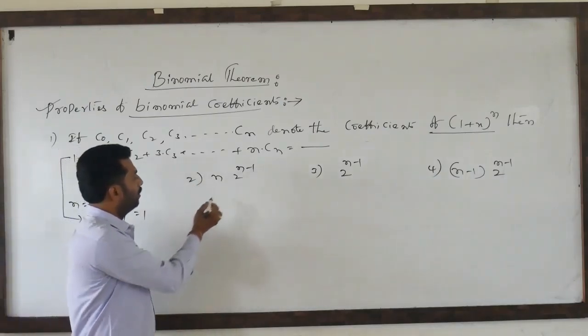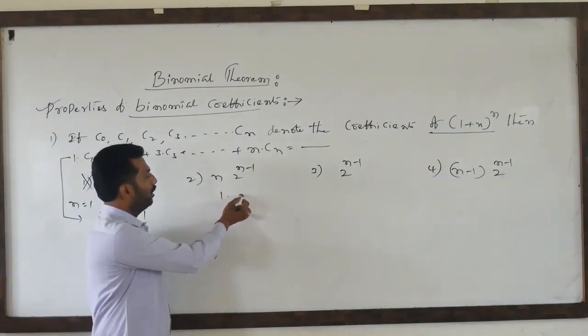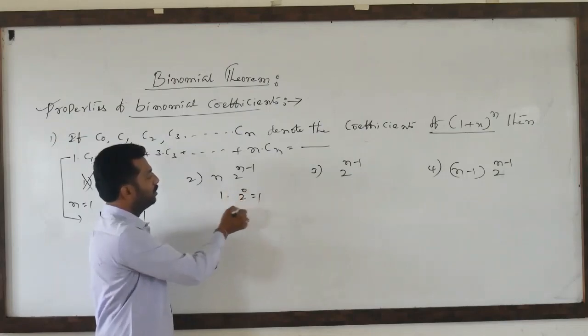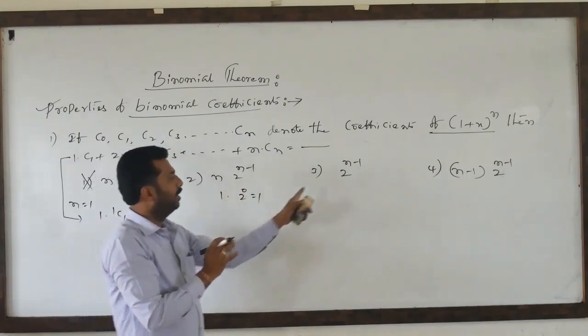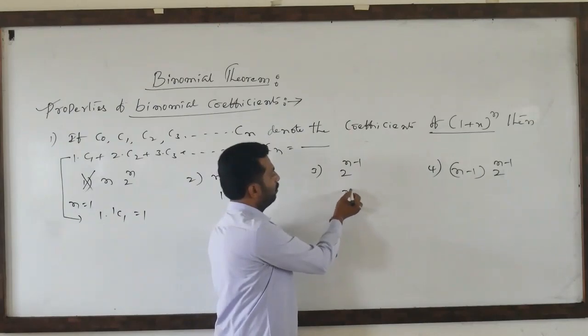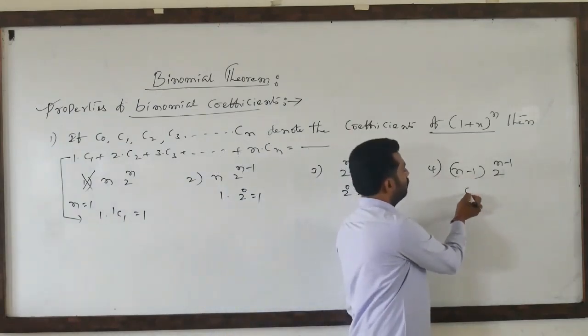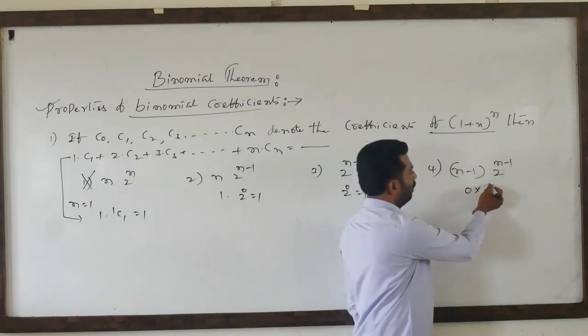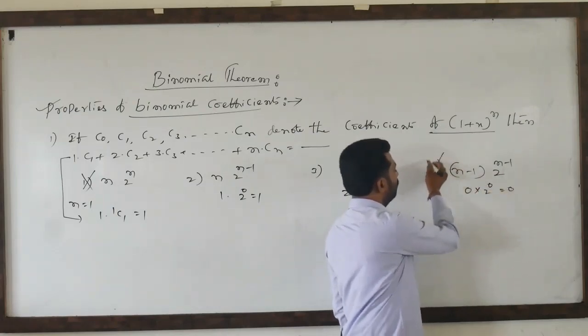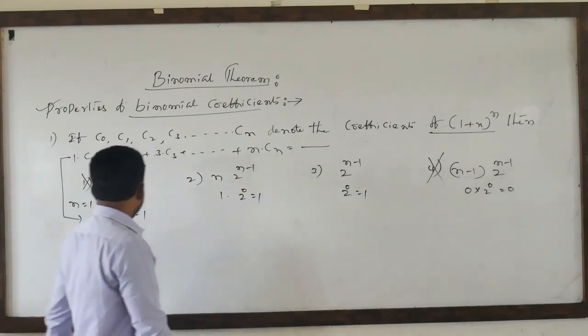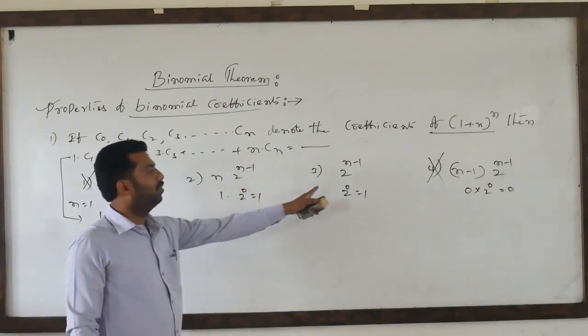For n equal to 1, 1 into 2 to the power 0 is also 1. This may be 2 to the power n minus 1, 2 to the power 0, which is also 1. n equal to 1 means 0 into 2 to the power 0, so this is 0 and wrong. Then 2 options are favorable.